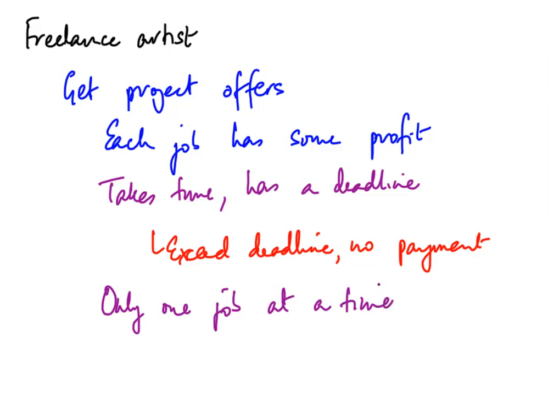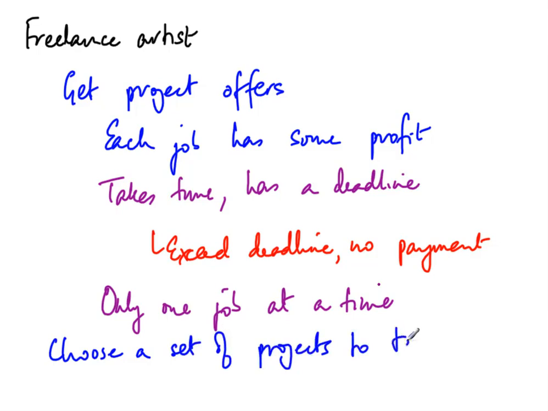So now what you want to do is choose a set of projects to take on so that you maximize your profit, maximize your earnings or revenue, how much you get from these jobs. So the idea is that each of the projects that you take on, you'd better finish it within the deadline, otherwise you're not going to get paid. So you want to choose an optimal set of jobs. So how does one solve these kinds of problems in general?